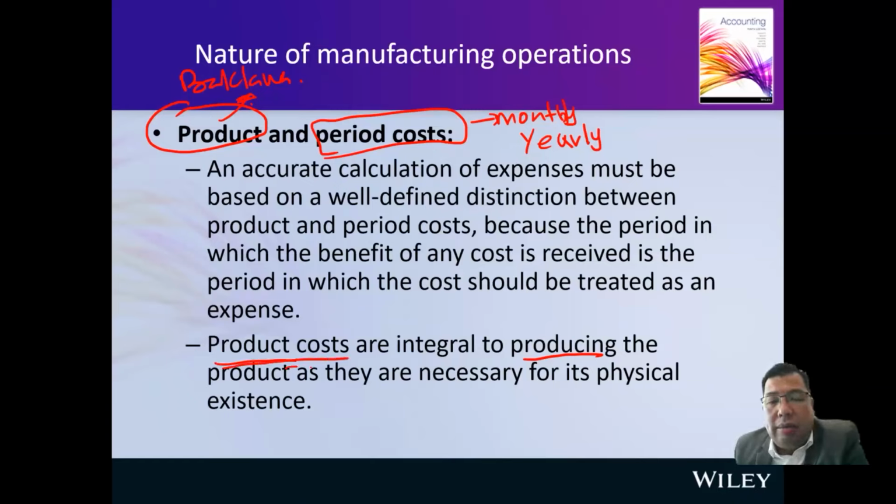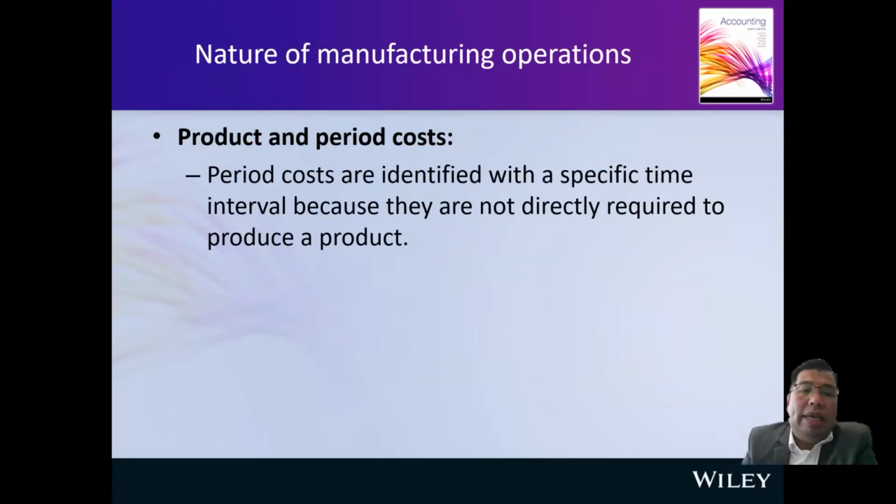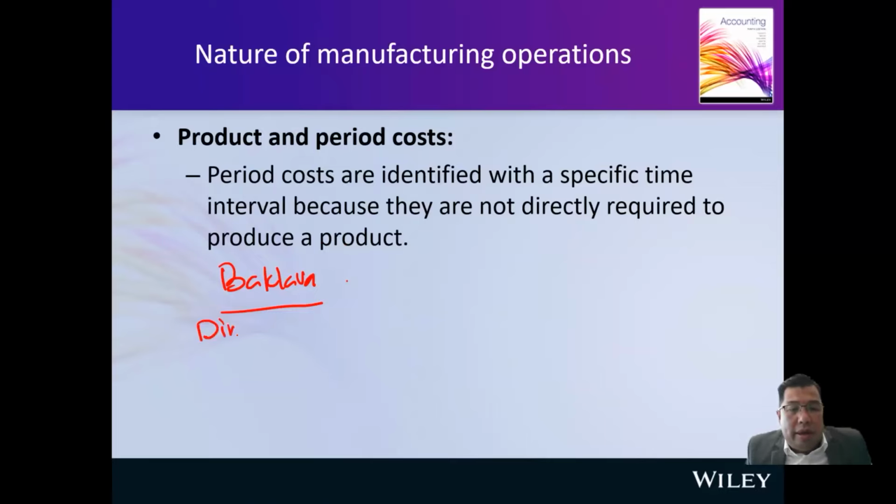The direct material is a product cost. The direct labor is a product cost. So we have to make a clear distinction between product cost and period cost. For example, if you want to produce the baklava, you need the direct material, maybe in kilograms or units, the raw materials, and then you need labor.